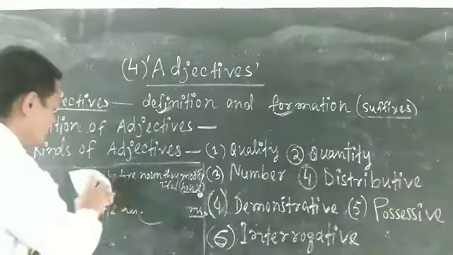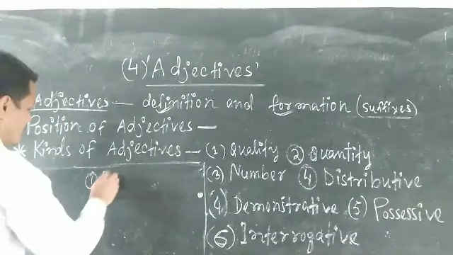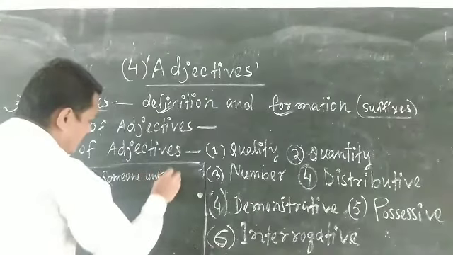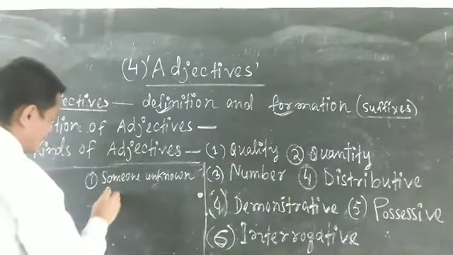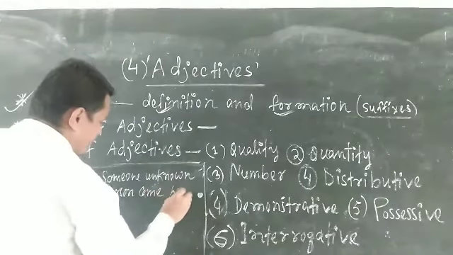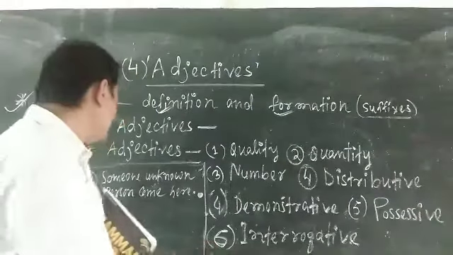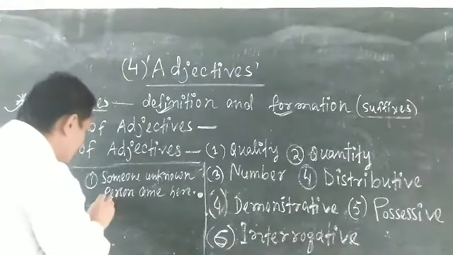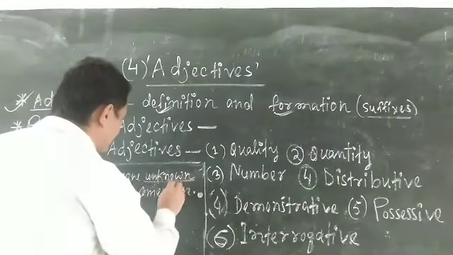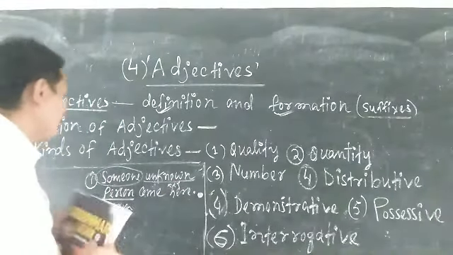For example, we'll see: someone unknown came here. You see, someone unknown came here. In this example, person is the noun, unknown is the adjective, and someone is the indefinite pronoun.